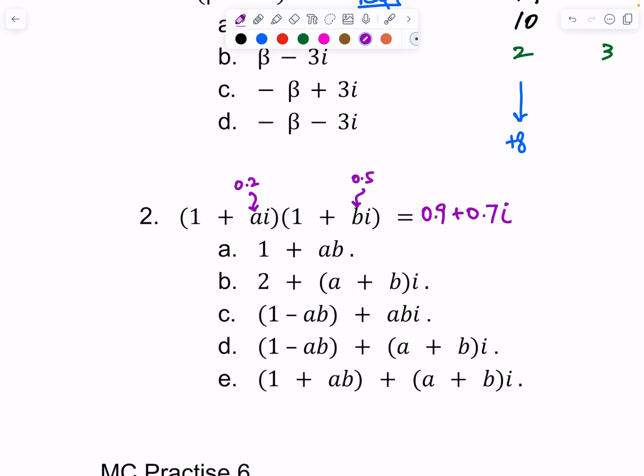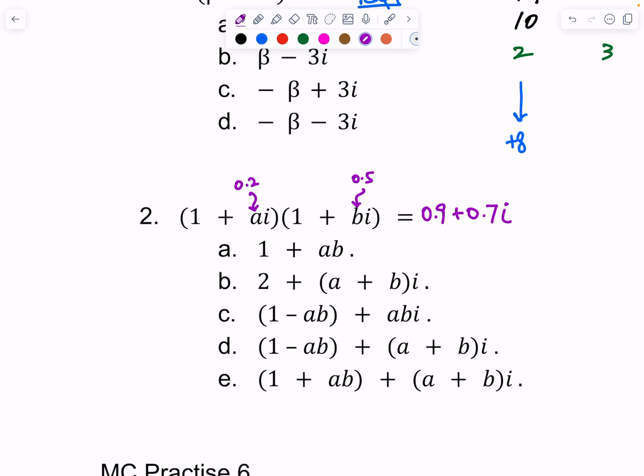Is it? I forgot because I don't have calculator with me, so I'm not really sure what's the answer. Okay, so you guys can do it and see what do you get.